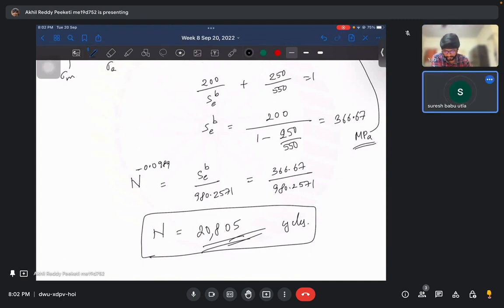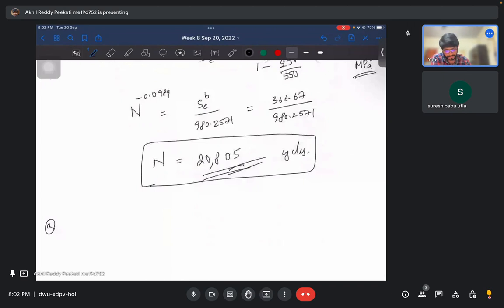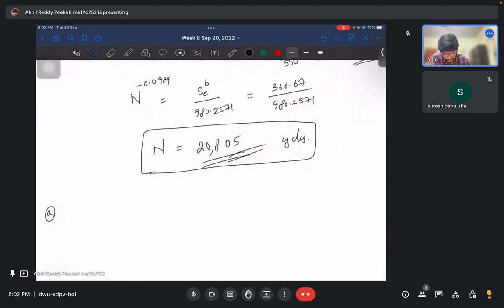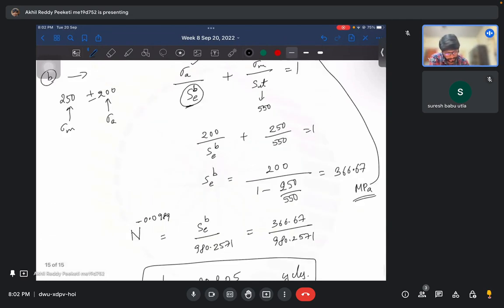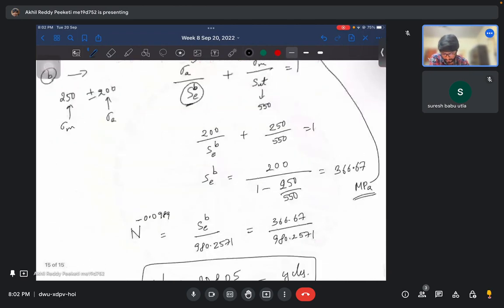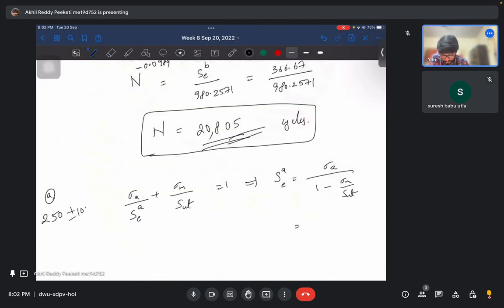Yeah. So if you do similarly for case A, sigma m by SUT plus sigma a by SAE equal to 1. So SAE is equal to sigma a by 1 minus sigma m by SUT. In case A, it is 250 plus or minus 100, right? So 100 by 1 minus 250 by 550.